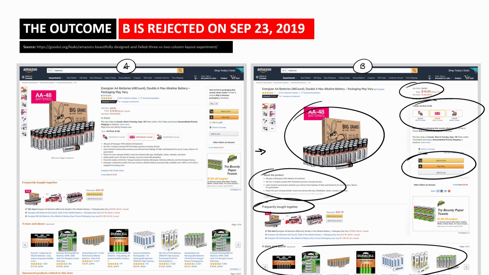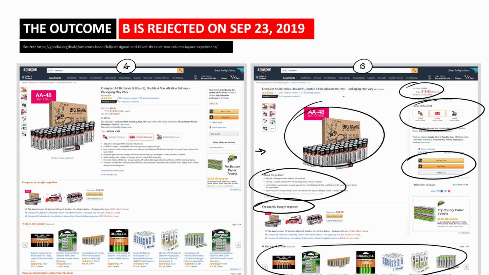And fast forward another 2 weeks, we also detected that B was actually rejected. So we have lots of changes here, and it's supposed to be a big redesign with lots of impact, but it wasn't so. A was kept, B didn't make it through to the implementation decision.